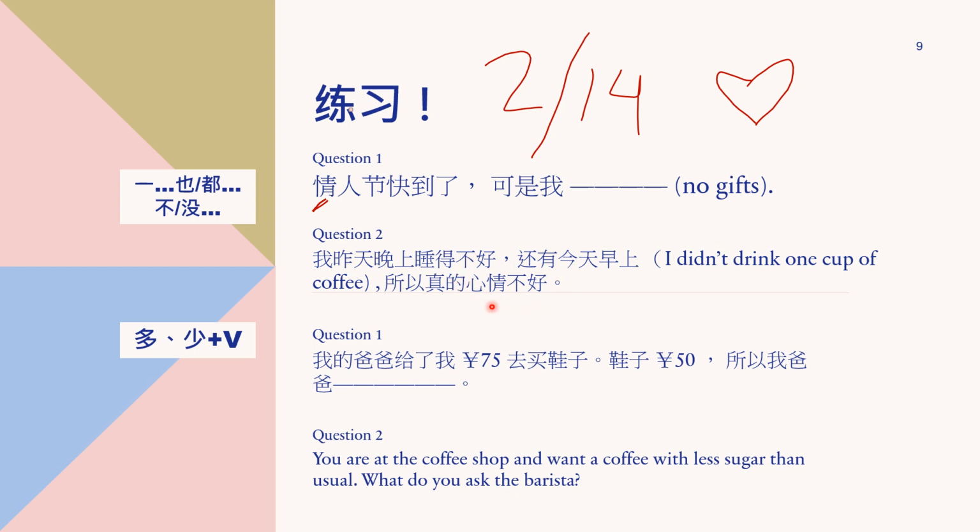My mood is jacked up. 心情不好。Okay, and then for the second one, we've got 多少 plus a verb right here. We've got a situation. 我爸爸给了我75块，就是写字50块，所以我爸爸 and fill it in.